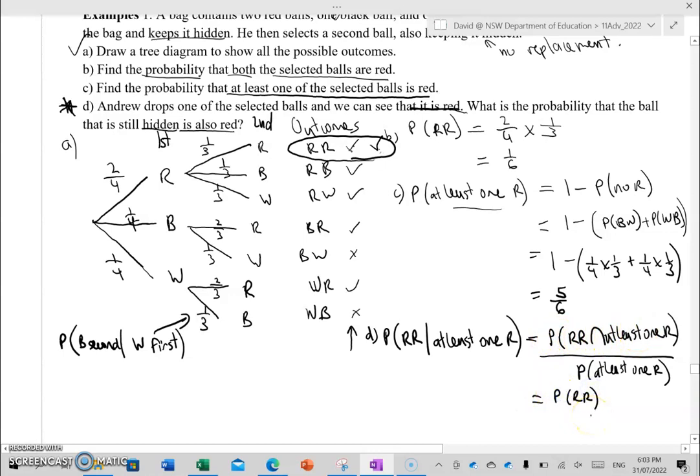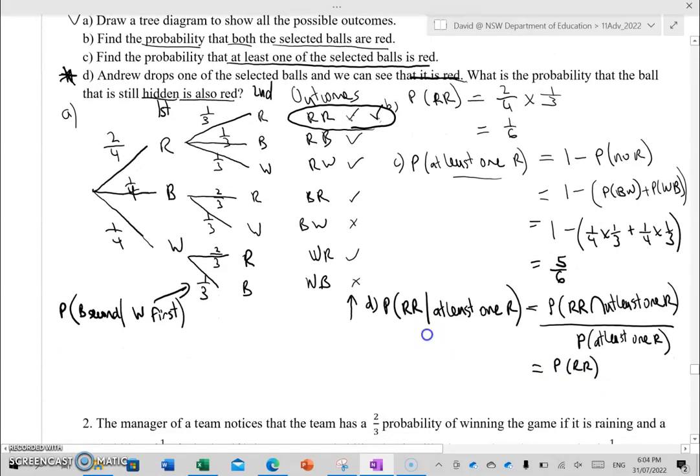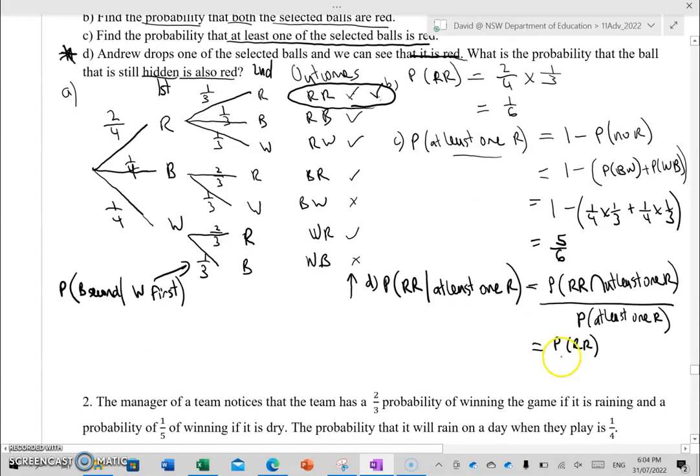Okay, if you're both at least one red and red at the same time, convince yourself that the only way that you can do that is by being red. That particular simplification occurs frequently whenever you've got an 'and' in the numerator and 'at least one' appears.